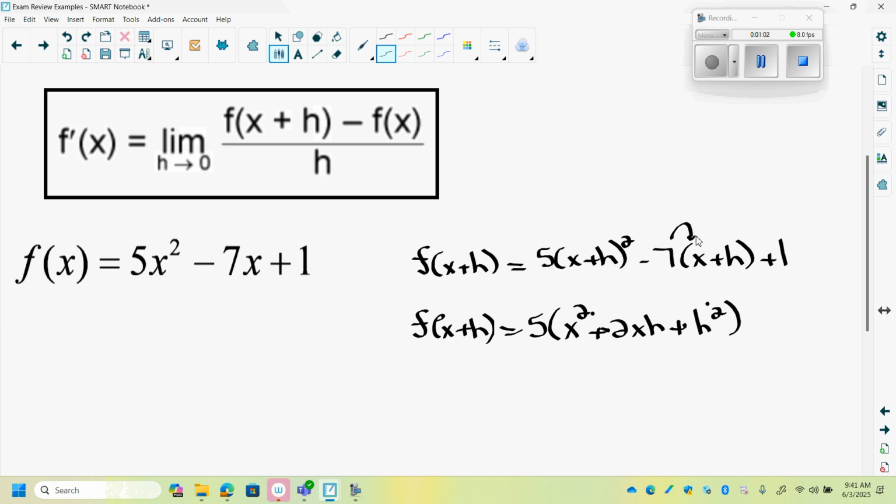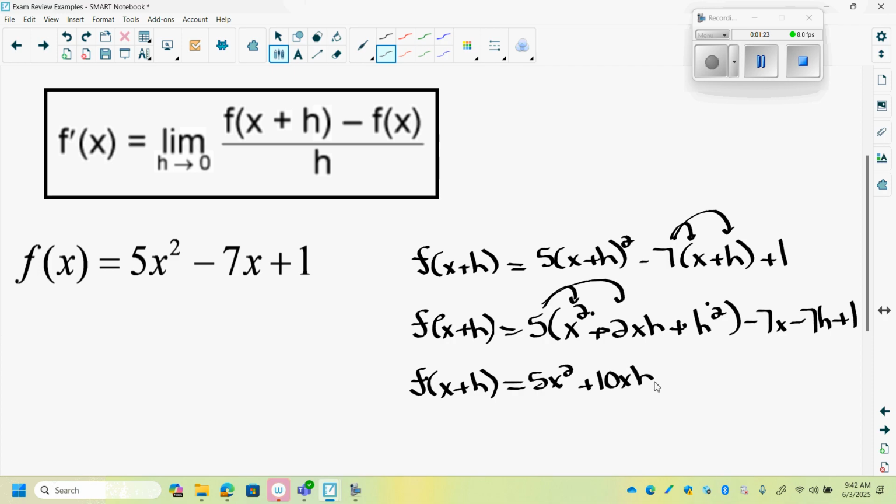This would give me a minus 7x, a minus 7h plus 1. Multiply the 5 through the brackets, or distribute the 5. We get 5x squared plus 10xh plus 5h squared. And then the minus 7x minus 7h plus 1 follows suit.